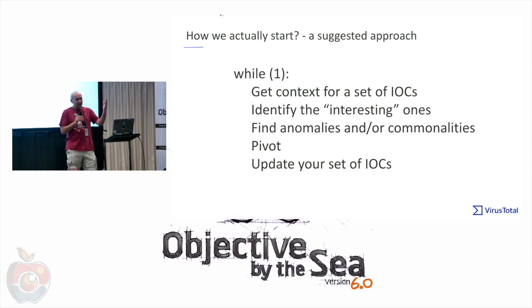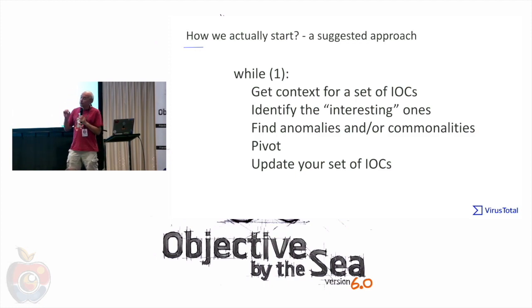With threat hunting, usually you start with an initial set of IOCs. Perhaps you have a detection in your environment, or you're looking at some analyst report. You have this initial thread of IOCs, maybe a few samples. We're going to find what's interesting in these samples, and then find commonalities between them.